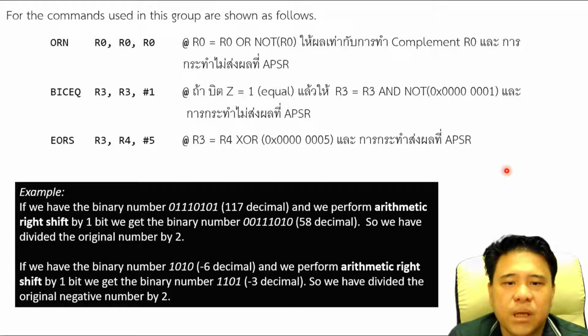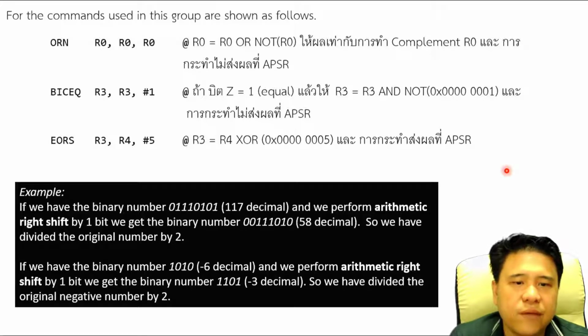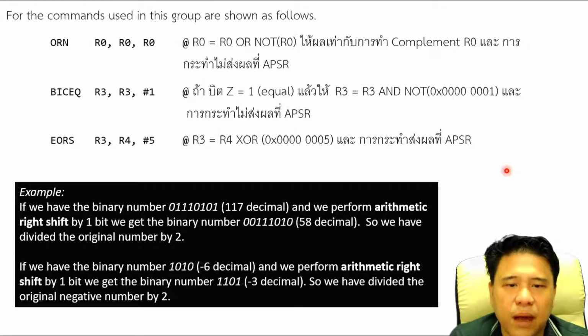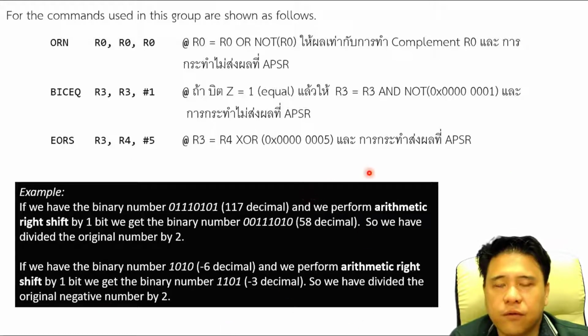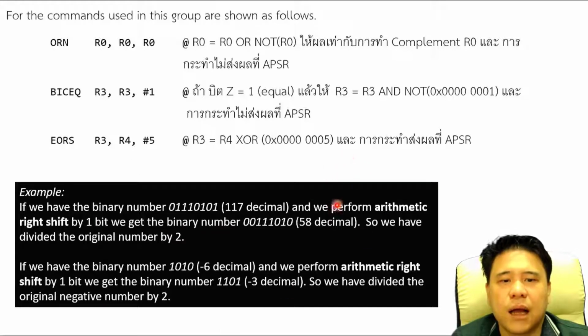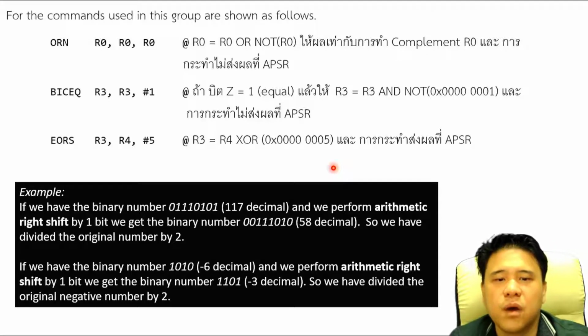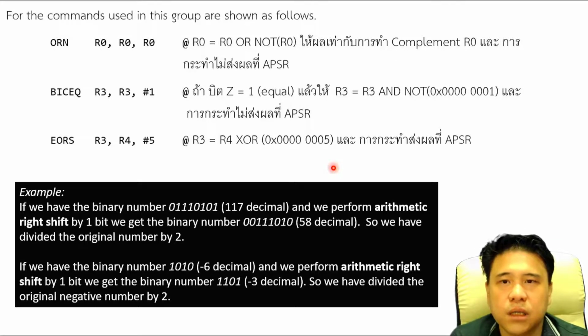Okay, if we take the binary number 1010, which is -6 in decimal, then we perform arithmetic right shift by 1, we get the number 1101, which is -3 in decimal. Okay, these are examples that we already talked about: how we can do shift operations for arithmetic operations to keep the sign of the number. Okay.